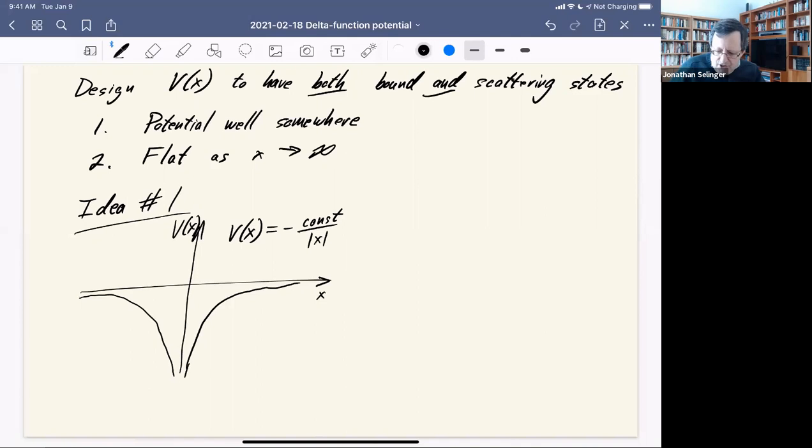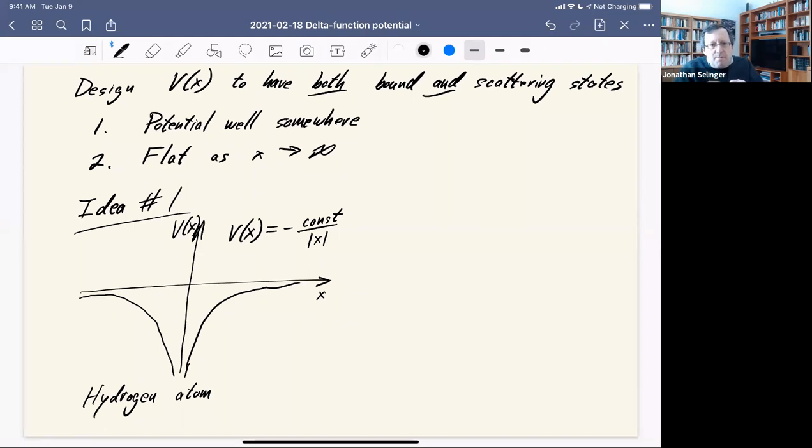A nice example of this is basically the hydrogen atom, where there is a Coulomb attraction between the proton and the electron. If we want to make a model for the electron in a hydrogen atom, it feels a potential energy like this, which is attracting it towards the proton.